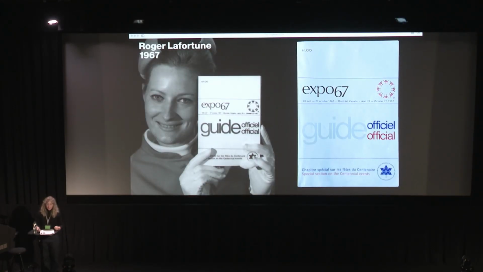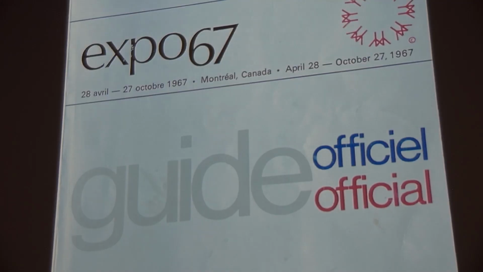The official Expo catalog is a good example of how designers got creative with bilingual content. For the cover, the designer Roger Lafortune chose a practical solution. He enlarged the word guide, which is the same in French and English, and added next to it officiel and official, in blue for French and in red for English.